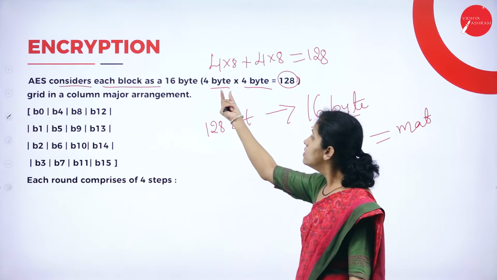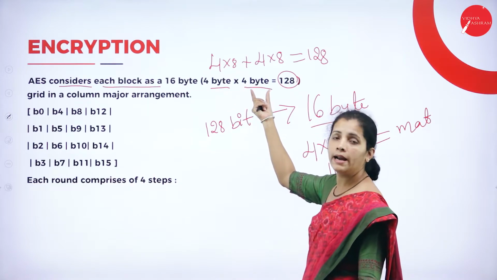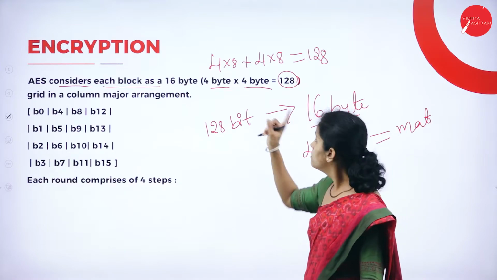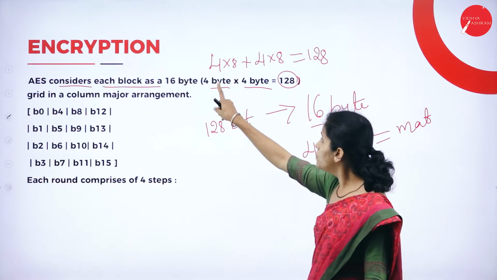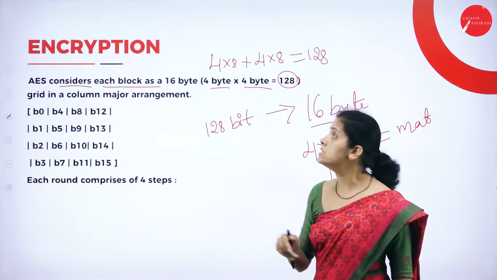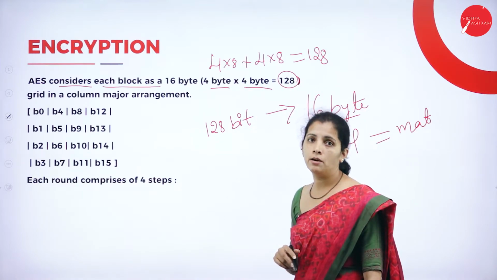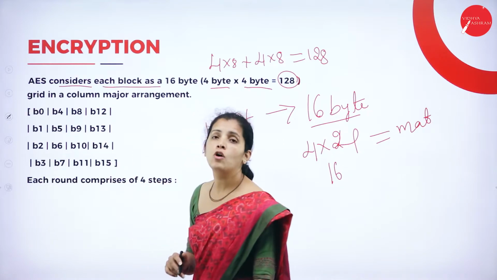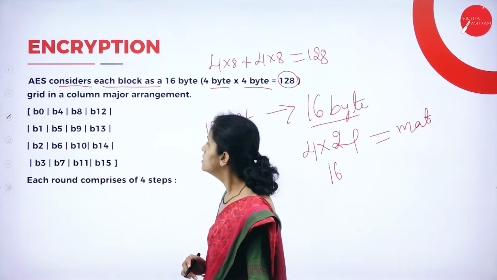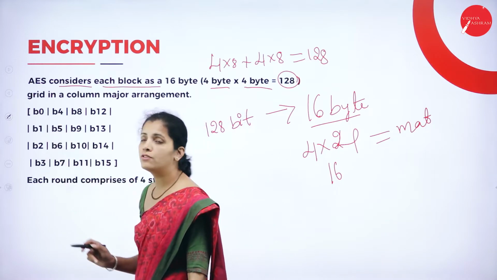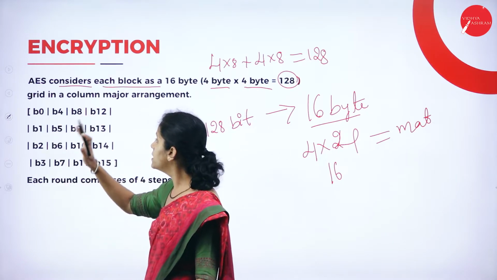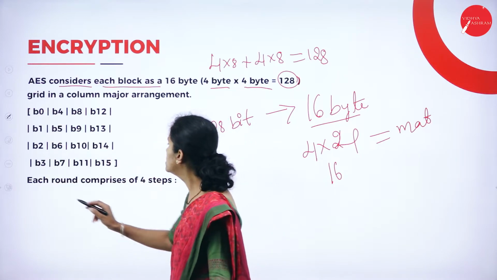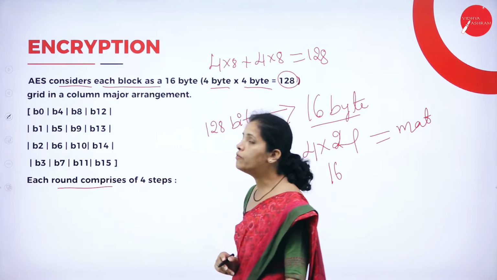So here 4 bytes plus 4 bytes, it is 16 bytes. If I multiply 4 bytes into 4 bytes, it is 128 bits. Now, it is represented in the form of a column major matrix. So, here my block starts from B0, B1, B2 up to B15.